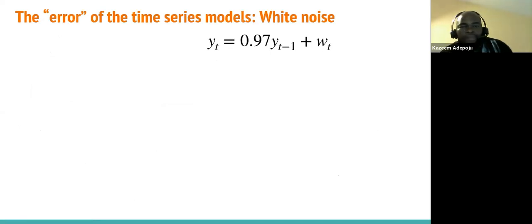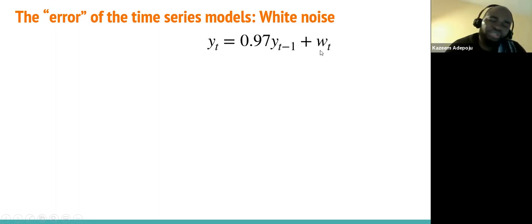Okay, so we want to look at the error of the time series model right now that we call white noise. This is what I call white noise. In the actual sense, what do I mean by white noise? If you take a look at this term, you will believe that it is also explaining the current value, but any other thing that we may not want to talk about in the model that can actually explain the current value is what we call white noise.